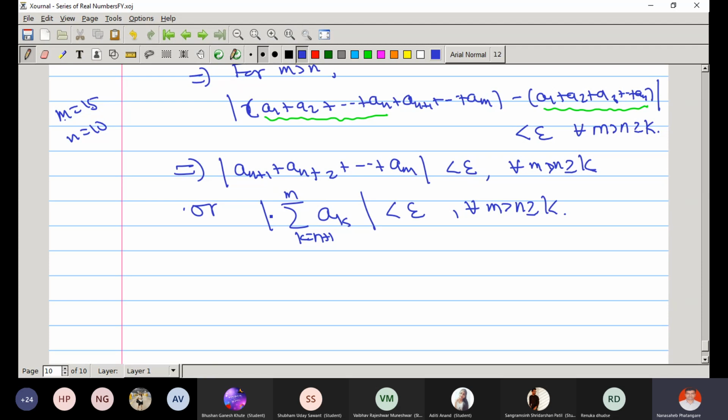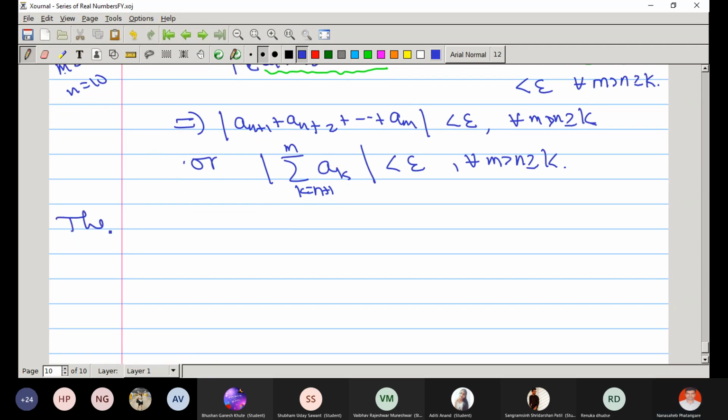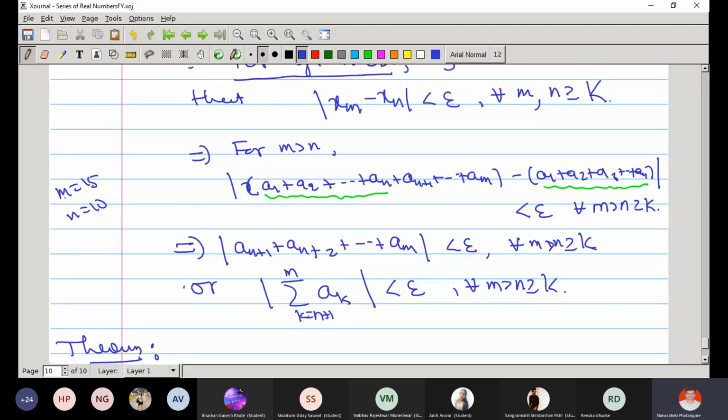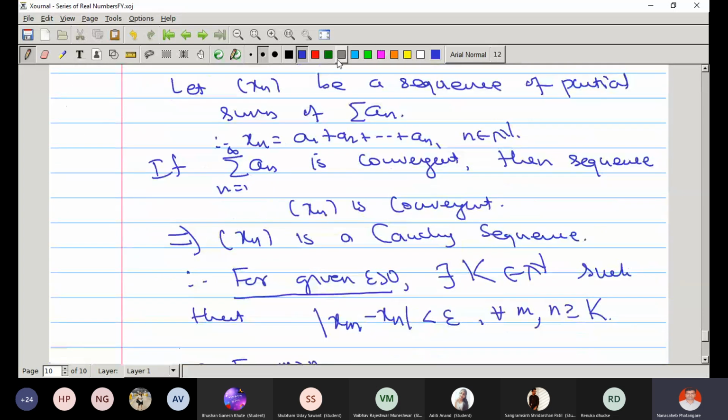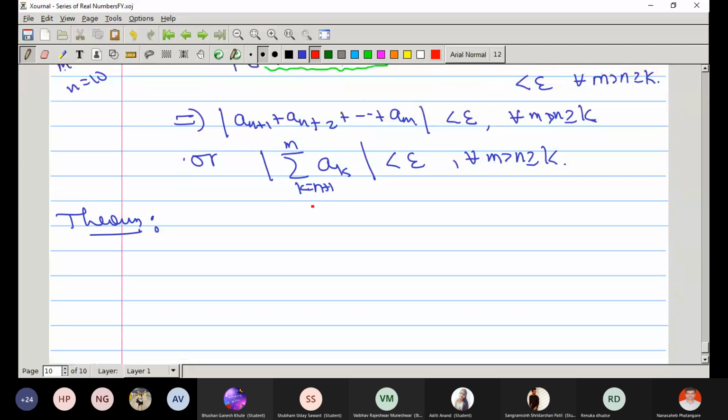Okay, so can I make some general theorem from this? We have proved something. What will be the statement of the theorem? My assumption was that the series a_n is convergent. Then what I found at the end is that there is no x_n in between. We introduced the sequence of partial sums x_n, but ultimately at the end we get something in terms of epsilon and terms of the series.